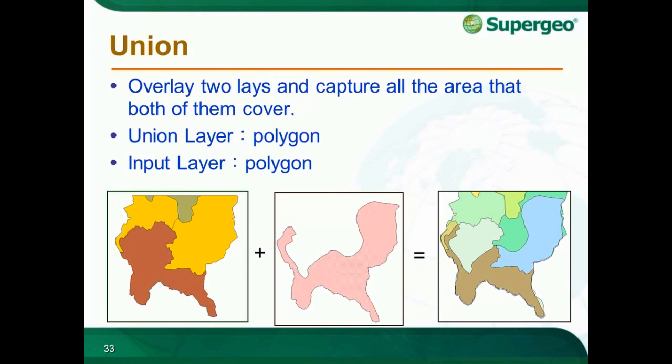It displays the result which overlays two layers and captures all the covered area from both of them. Besides, the attribute table is also the union of the attributes of the two layers. And the fields in the new attribute table include the fields from the input layer and from the operation layer. However, union can only be performed on polygon-to-polygon layers.